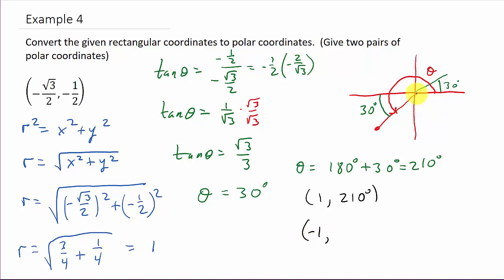If we go negative 1, that goes to the left 1 unit, and then we rotate to this point here, 30 degrees. So this is another answer. There are several answers that you can get, and they're all correct. Typically I like to just do r as positive, and I like to make my angle positive. This is the one I usually like to do.